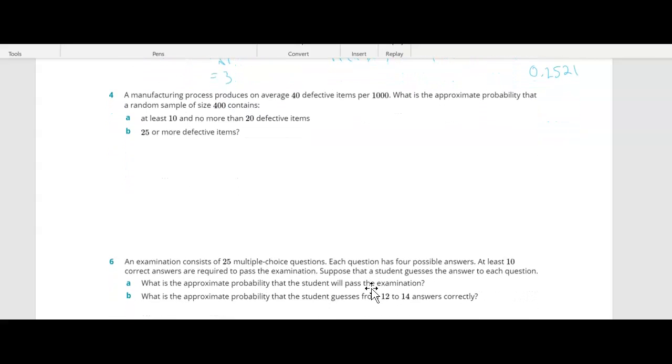Question 4. A manufacturing process produces an average of 40 defective items per 1,000. What is the approximate probability that a random sample of size 400 contains? So n is 400. Now our probability of success, we want defective, so that's going to be 40 out of 1,000.